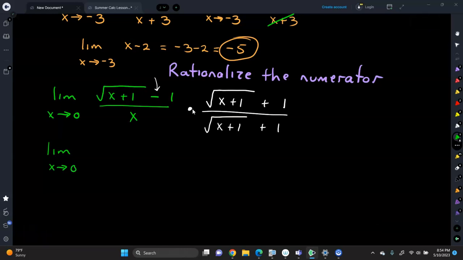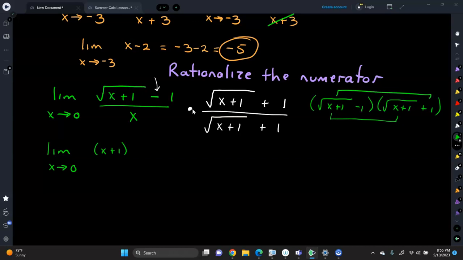Okay, now I'm going to write it out over here for you. The square root of x plus 1 minus 1 times the square root of x plus 1 plus 1. Okay, we're going to FOIL this. So the square root of x plus 1 times the square root of x plus 1 gives us x plus 1. The square roots disappear. Right? And then we're going to do plus the square root of x plus 1.